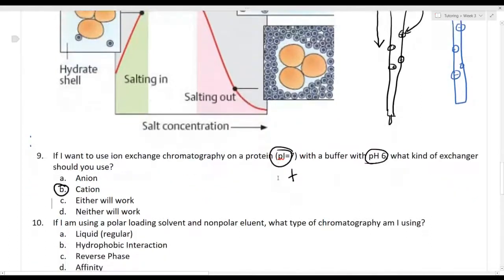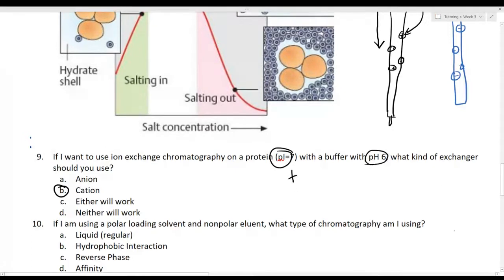All right. So number 10, more purification stuff. If we're using a polar loading solvent and a non-polar eluent or eluting solvent, either is acceptable, what type of chromatography are we using? So I want to talk about these 4 types of chromatography because I think they can be pretty confusing. Okay, so just off the bat, chromatography also pretty much always uses these columns.